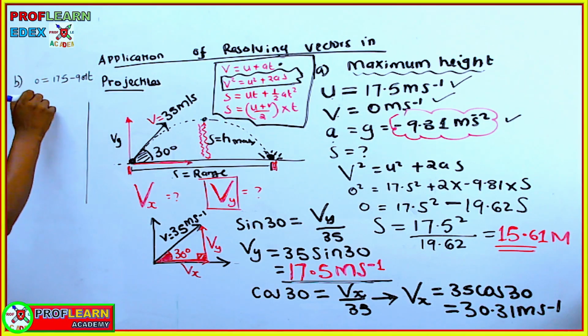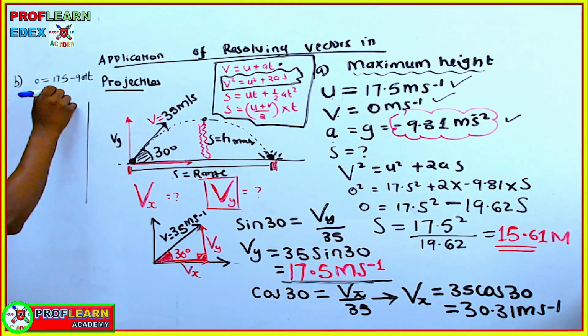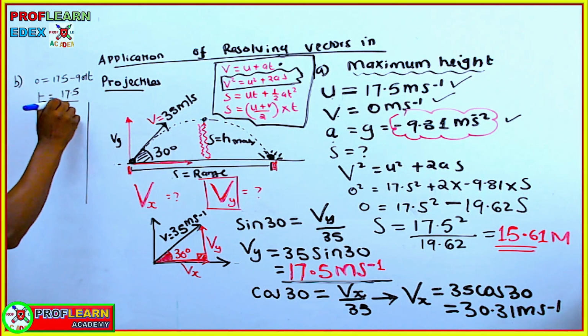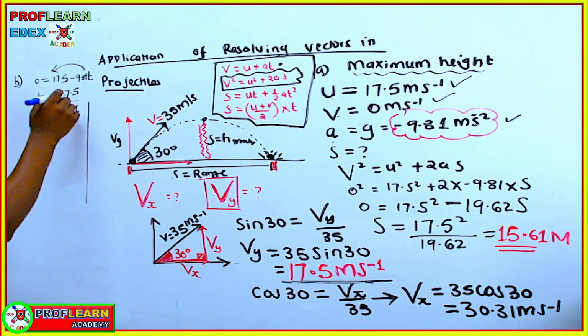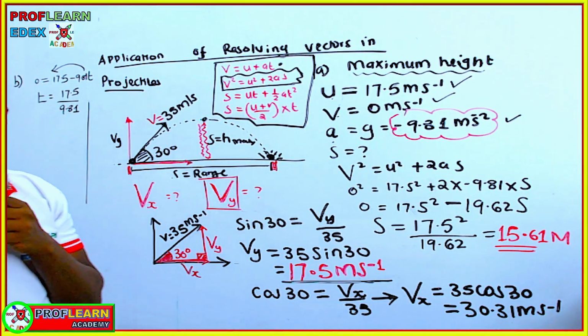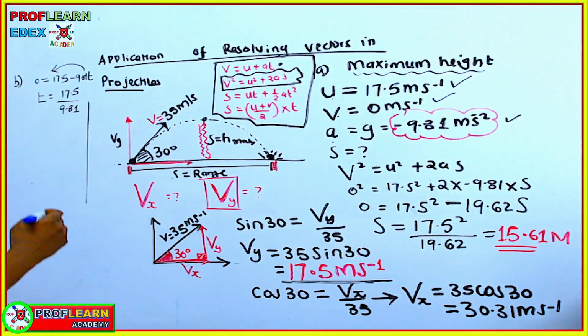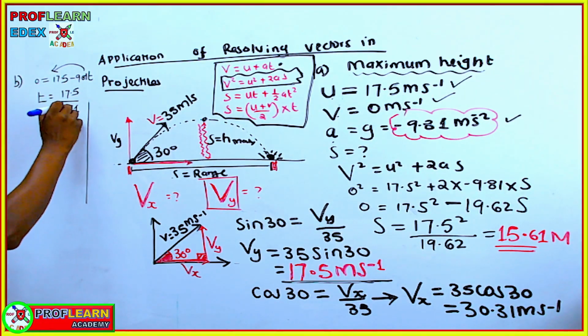Then we can rearrange this and say t is going to be 17.5 over 9.81, because I've already taken this on the other side and then divided by 9.81 both sides.